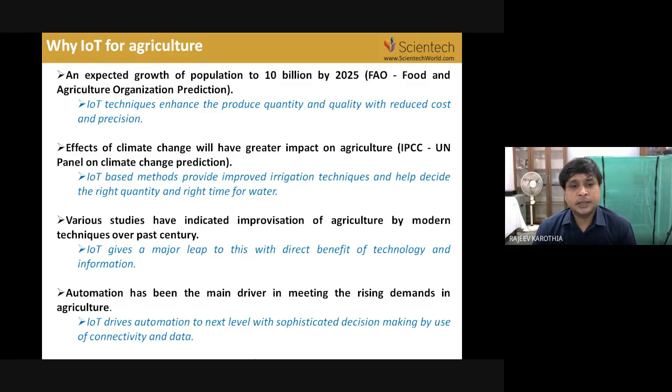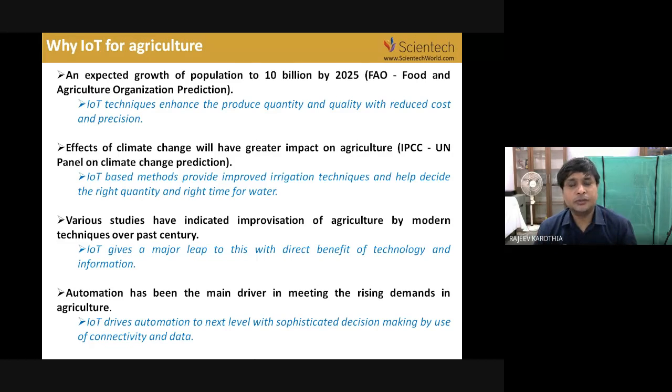There are a few studies which have indicated that there has been improvement in agriculture by using these modern techniques over past centuries. So IoT gives a major leap to the direct benefit of technology and information. And automation has been the main driver in meeting the rising demand in agriculture. Whenever we need, we also hear about Industry 4.0.